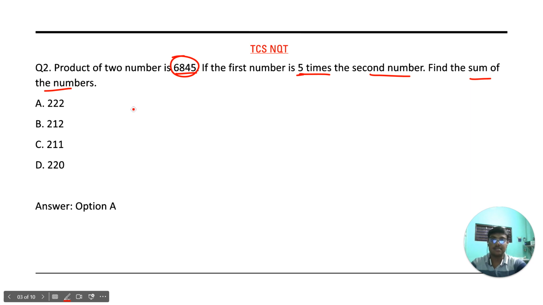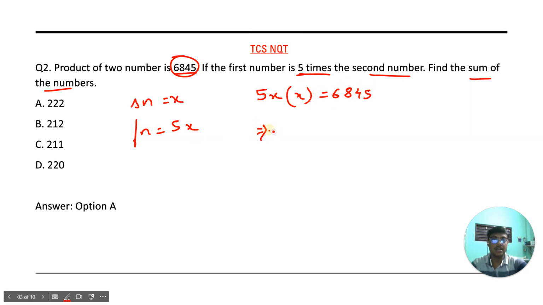So let's say the second number is x. So the first number would be equal to 5x. Now it has been said that the product of the two numbers, that is 5x into x, is equal to 6845. Got it?